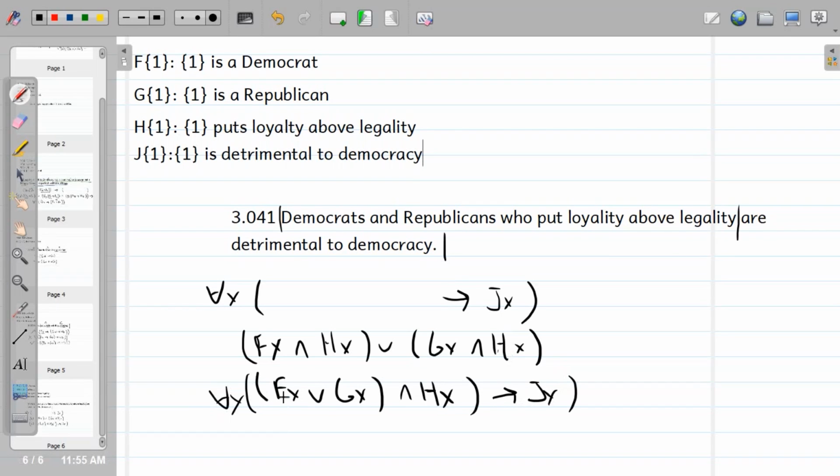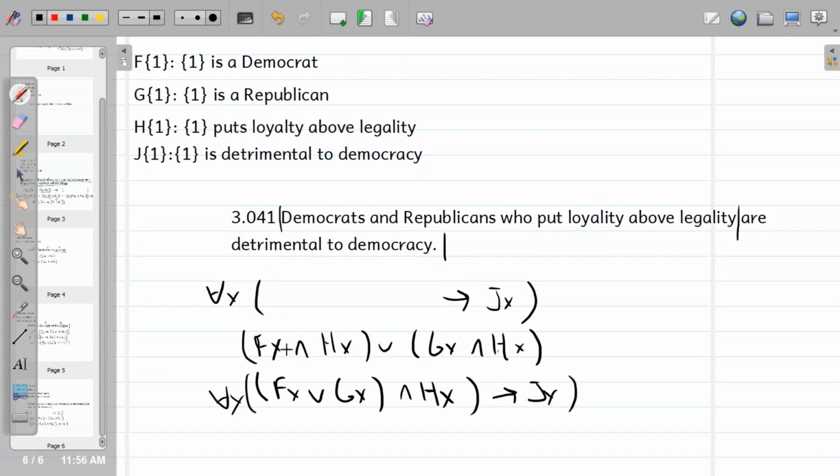So what we want in this case, first, this line? Yeah. So this is supposed to be true of both Republicans and Democrats. So we say, if you're a Democrat and you do this thing, or you're Republican and you do this thing, because we want the whole thing to be, if you put any name in here, you want to be able to say that the whole thing is true, right?